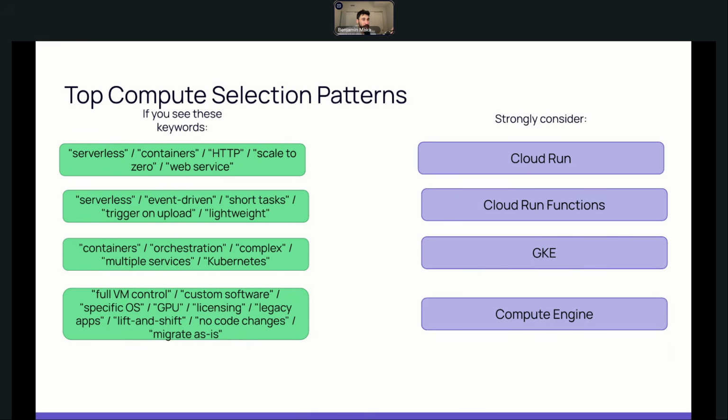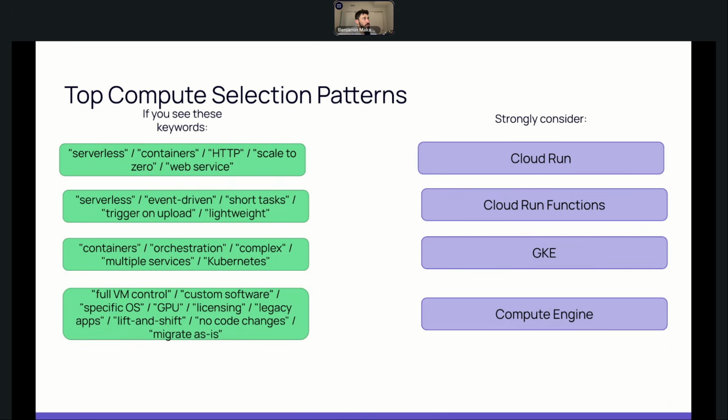There's actually a time limit to how long Cloud Run functions can run for. If the question mentions lightweight, that is the term Google often uses to refer to these workloads, or something being triggered upon upload, that points toward Cloud Run functions.